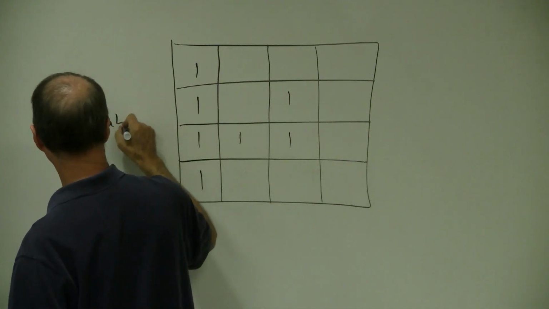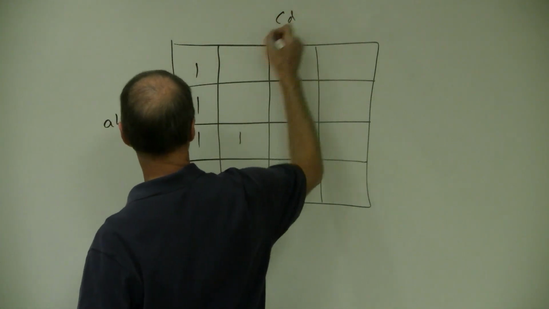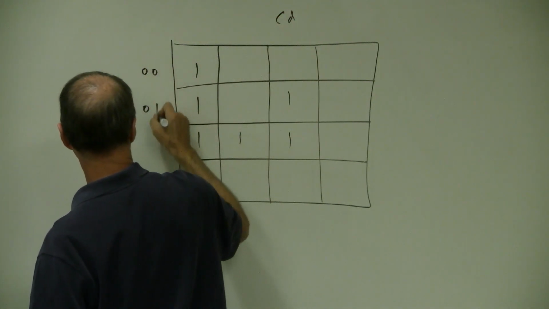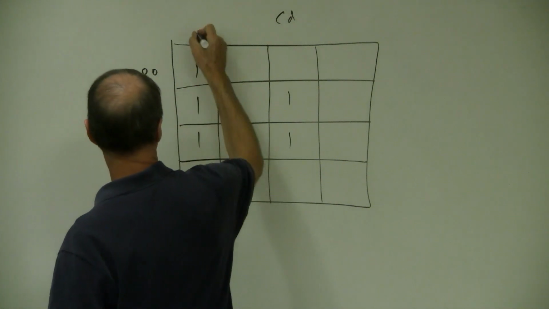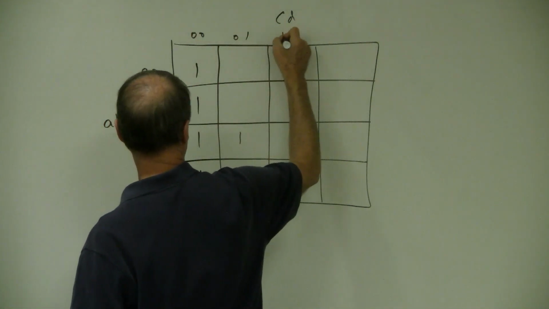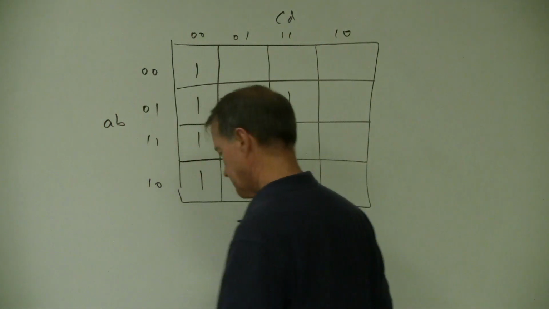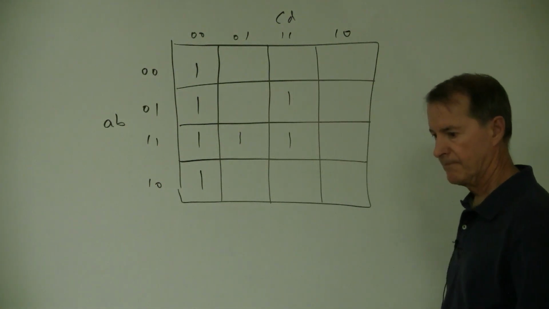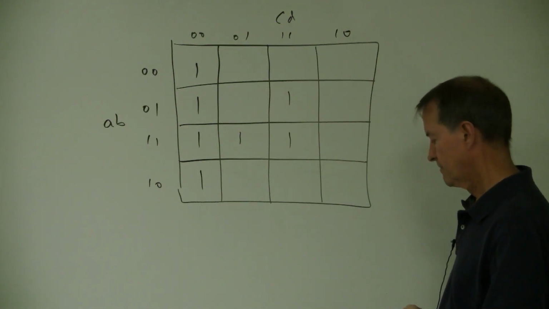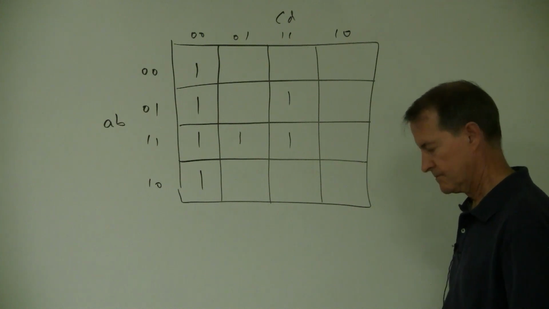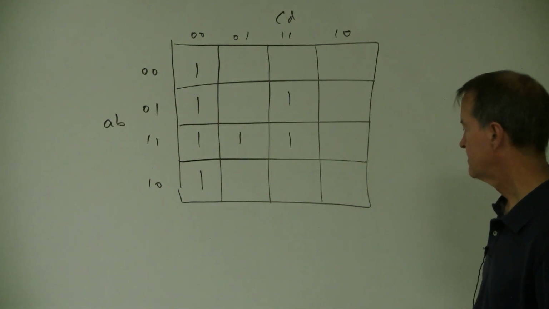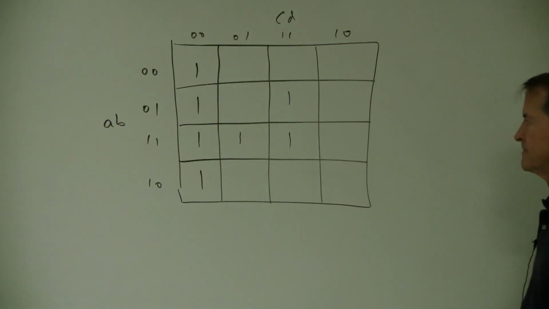We're going to make a point here. 0, 0, 0, 1, 1, 1, 1, 0, 0, 0, 0, 1, 1, 1, 0. This one's kind of obvious, but there's an interesting phenomenon that goes on that this will illustrate.